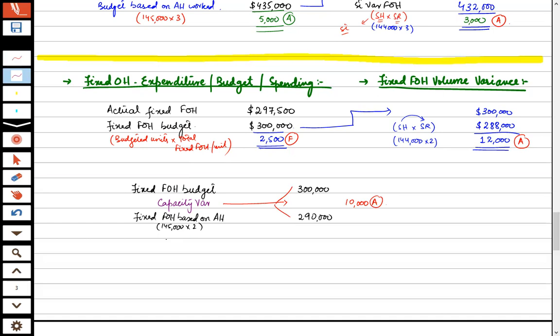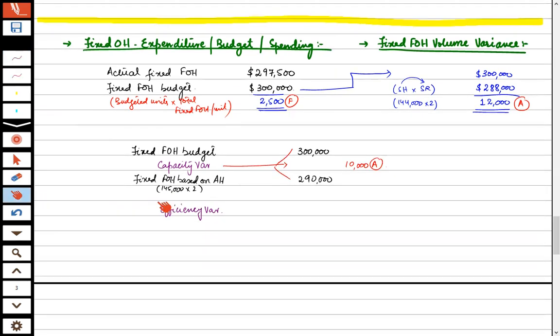Now in between there will be the efficiency variance. It will be calculated by comparing fixed FOH based on actual hours and fixed FOH standard charged to production, that is standard hours into standard rate, 288,000.